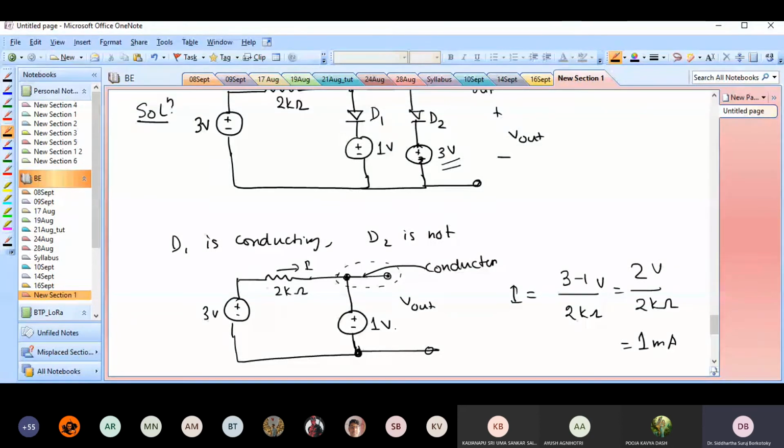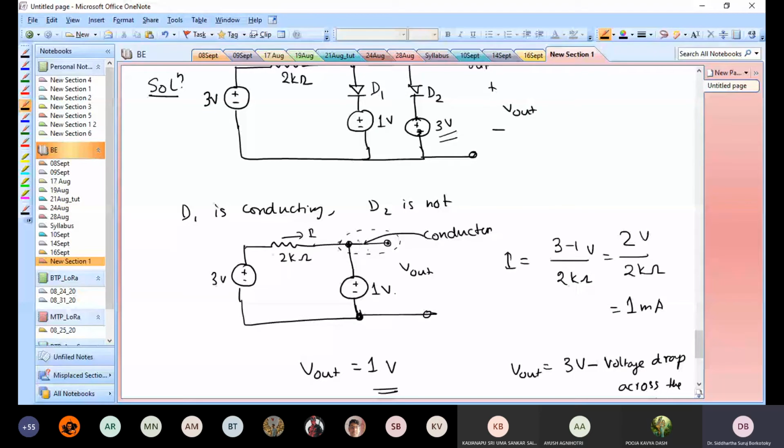In the real circuit, this part may not even exist. You will just put the voltmeter across this point and this point. So this is important: just because I see a wire doesn't mean that something is changing over the wire. So this is how we do this analysis.